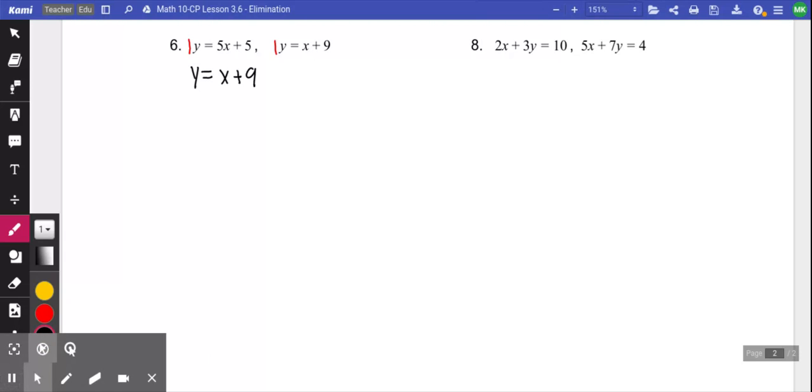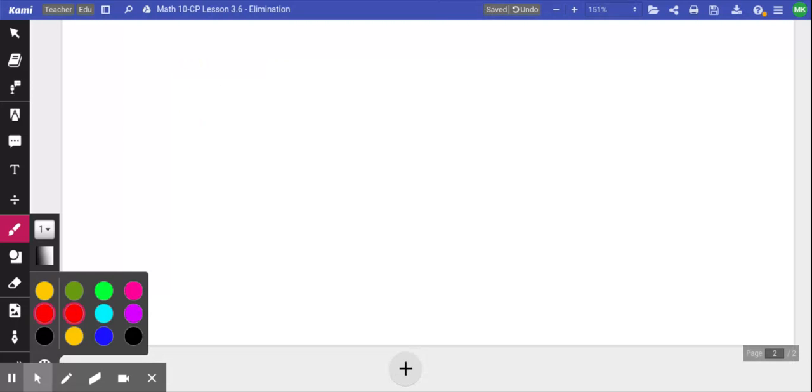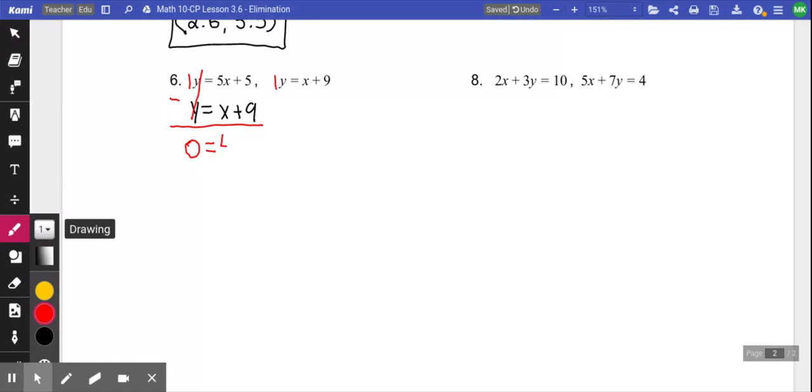We're going to subtract these two equations, because 1y minus 1y will cancel out to give me 0. So I have 0 equals 5x minus 1x is 4x. 5 minus 9 is negative 4.